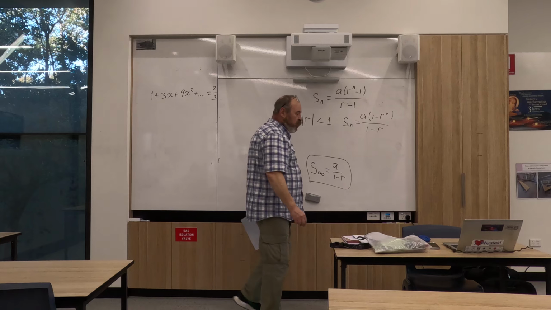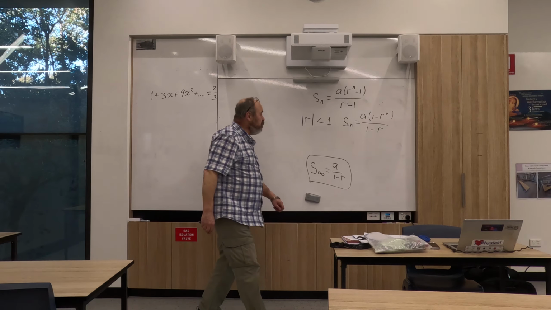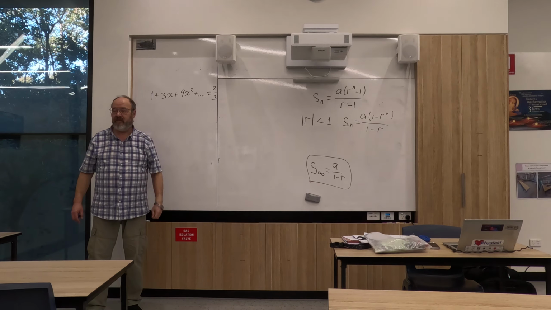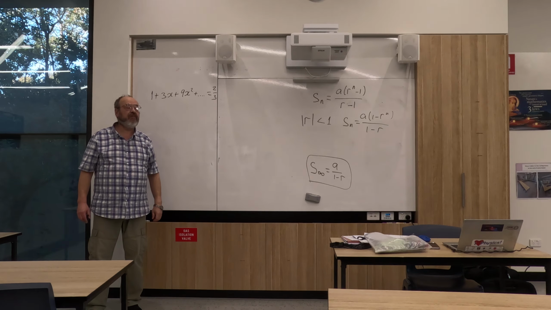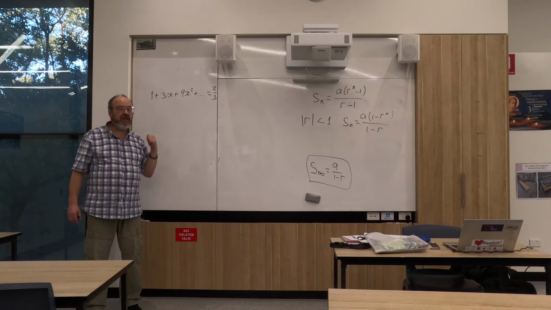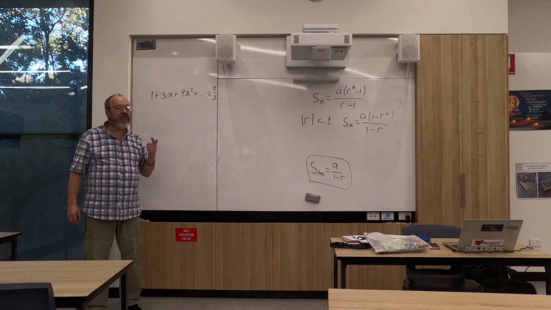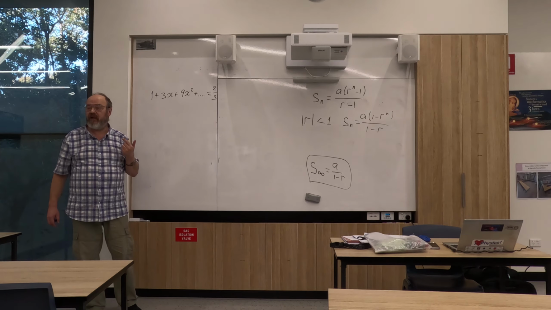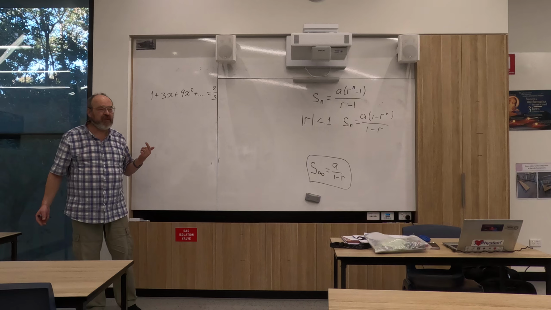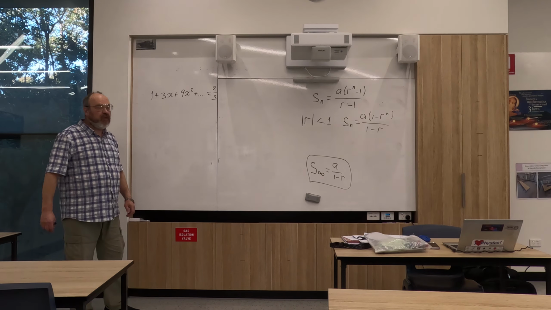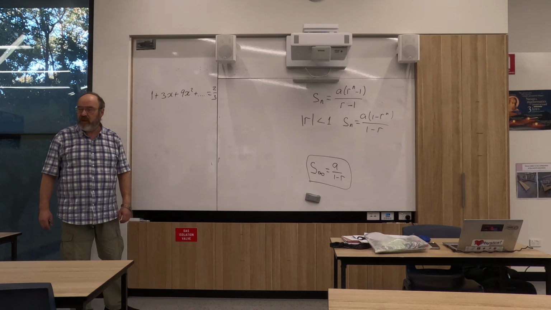Now, what does it mean if we just put plus and dots going to infinity? What does it tell us about the common ratio? Can we find the sum to infinity if the common ratio is greater than 1? No, because it will be increasing all the time. So it tells us that the common ratio is less than 1.